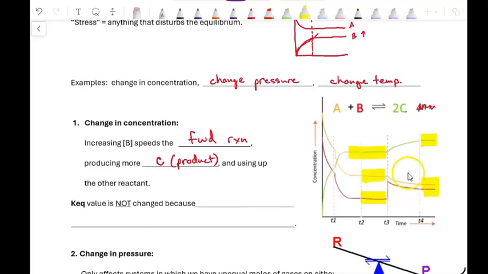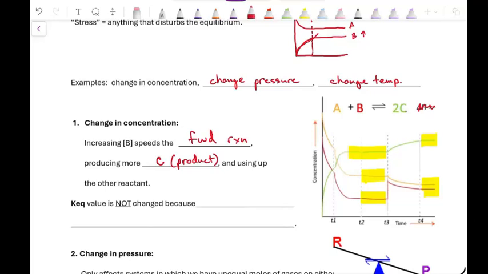But I've increased B, I've increased C, and I've decreased A. So the KEQ, which we could write the KEQ expression for this, is not changed. The actual values that the concentrations are at after time 4 are not the same as they were between time 2 and time 3, right? Those values aren't the same, but the KEQ answer, if you plugged them into the KEQ expression, would be the same as it was before.